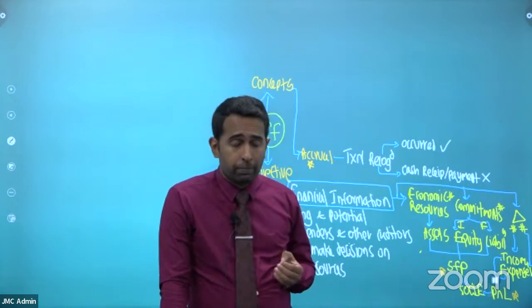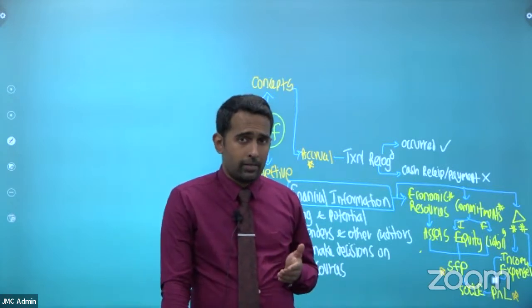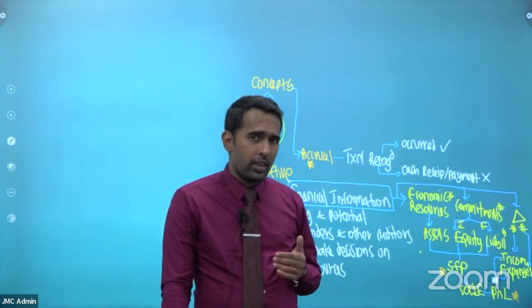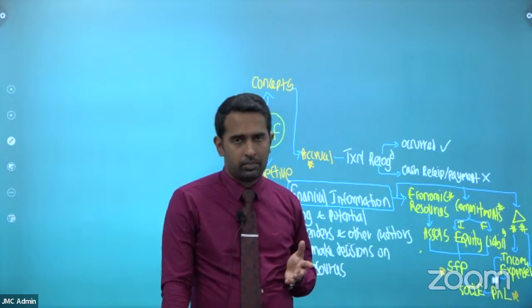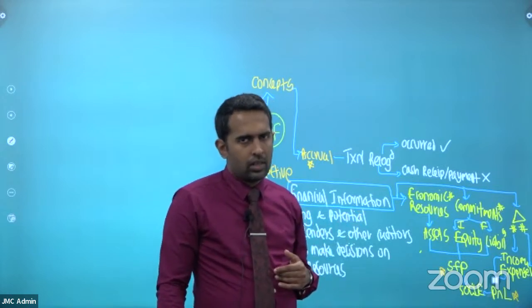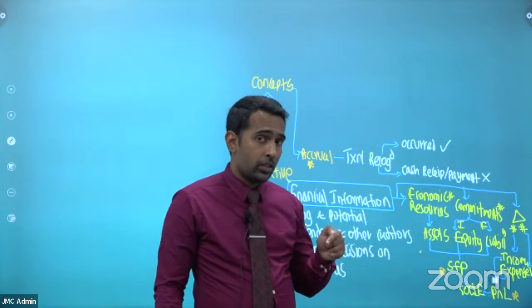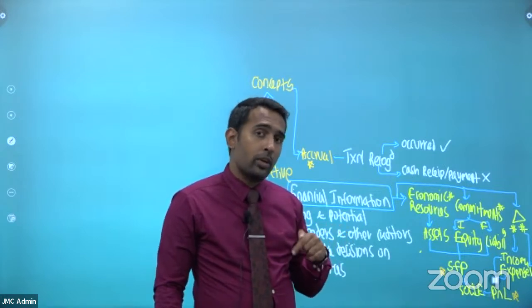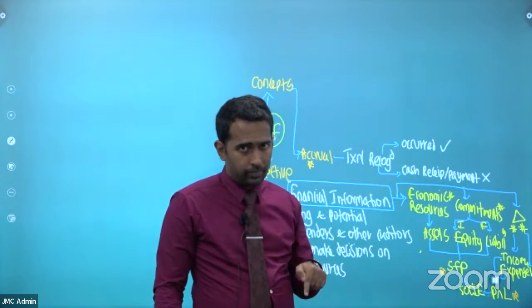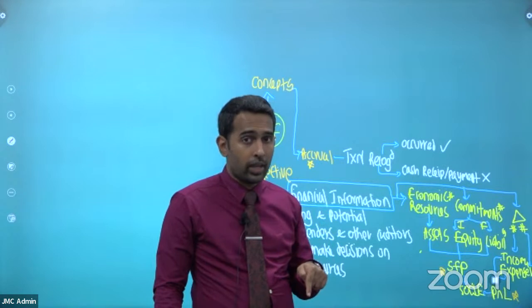For example, today I made a sale on a credit basis. I have made a sale to a debtor, and he's going to pay me one month later. Today the transaction has already occurred, so I have to recognize that transaction today.